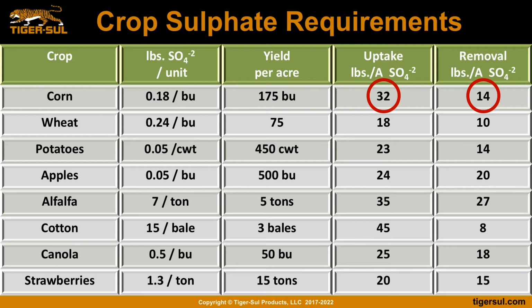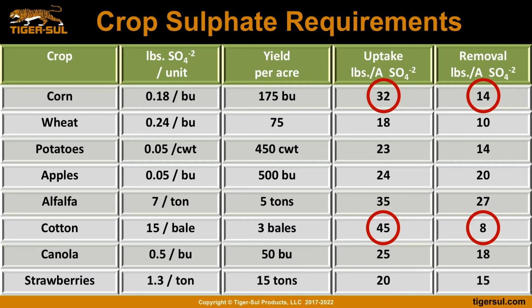Move down to the cotton, and notice for a challenging 3 bales per acre yield, requiring 15 pounds of sulfate per bale, provides an uptake of 45 pounds per acre of sulfate, whereas at harvest, only 8 pounds of sulfate is being removed from the field.